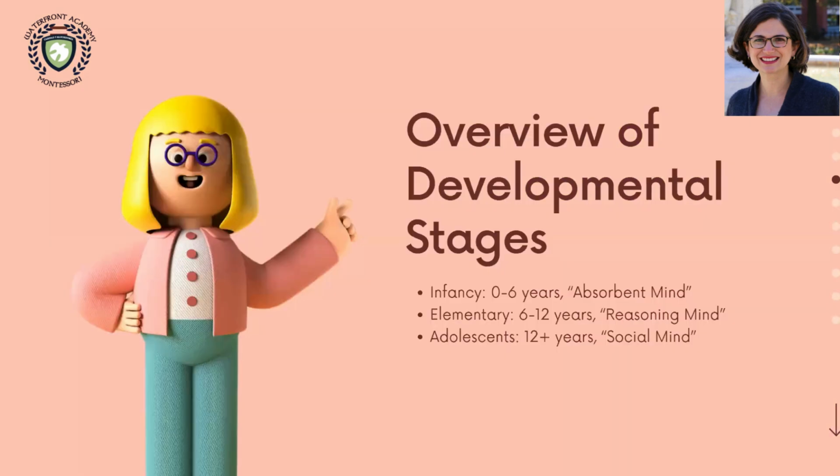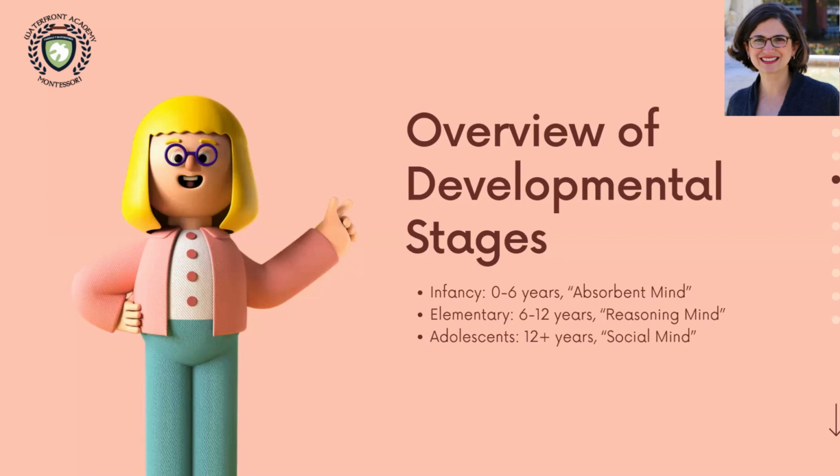The overview of developmental stages. So as I mentioned, there's infancy. Dr. Montessori has a diagram, and it looks like so. Infancy is 6 years, and at the top it peaks at 3, so 0 to 3, and then 3 to 6. Nowadays when we talk about infancy, we talk about 0 to 3, infants and toddlers, and then the preschool 3 to 6 age group.